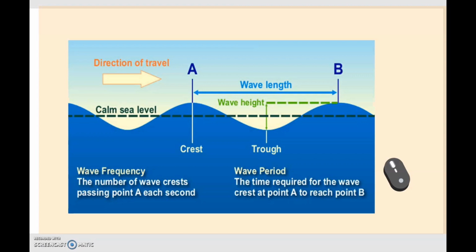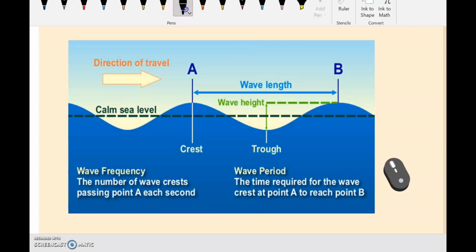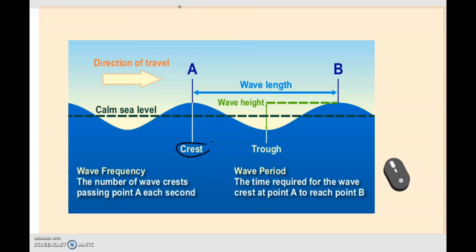This is the water wave diagram. As you can see here, we have crest and also trough, where the distance between point A to B we call one wavelength.